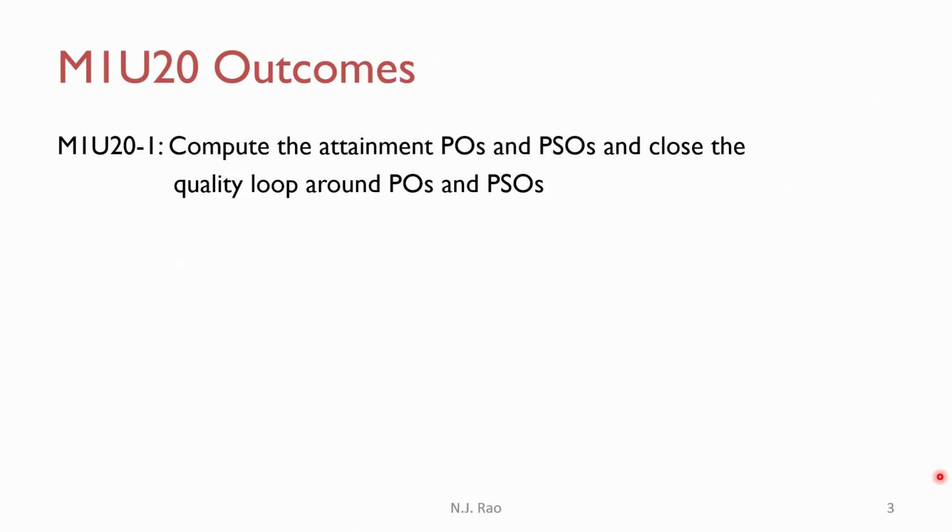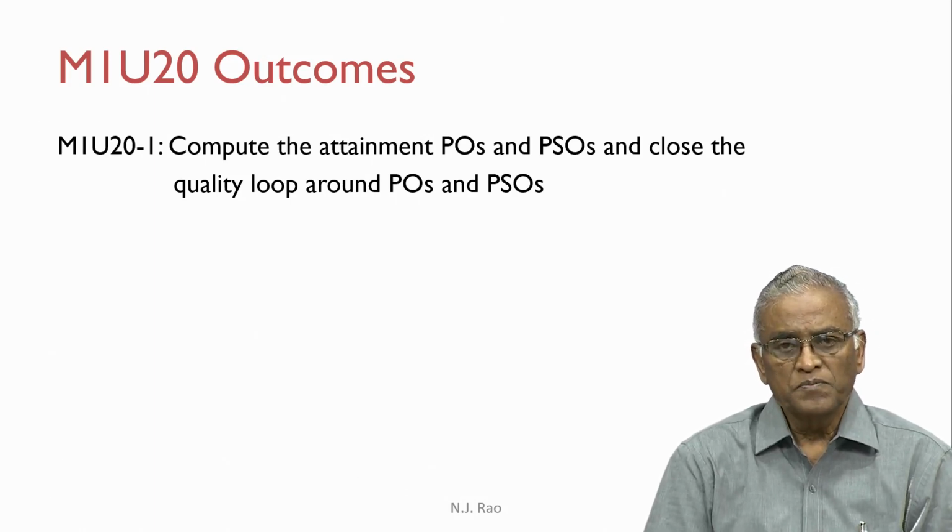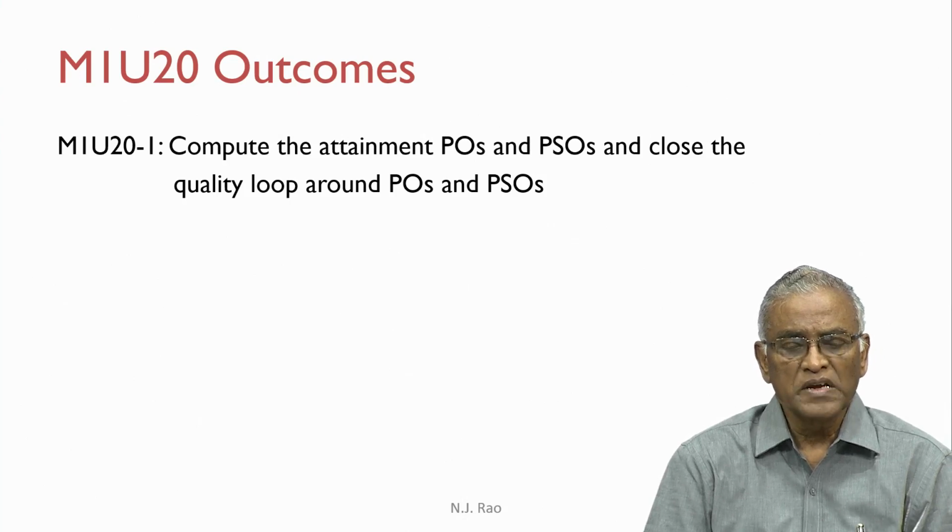One thing needs to be remembered as we go up from course outcomes, from courses to the program: whatever we have attained at the course level, we are trying to use to determine the attainment of POs and PSOs. And POs and PSOs are attained through so many activities.